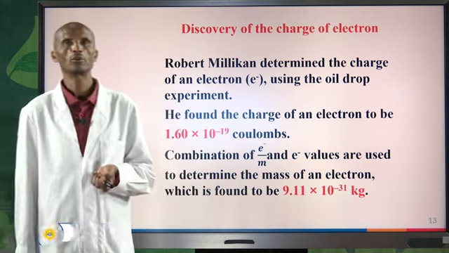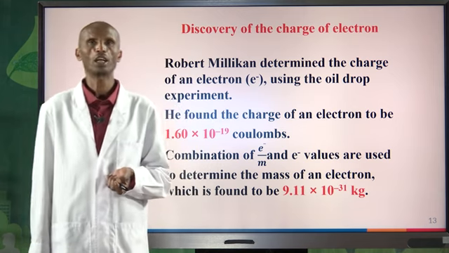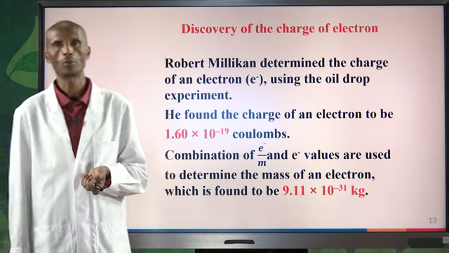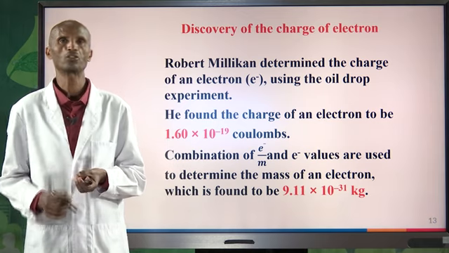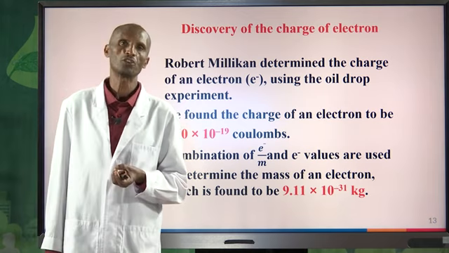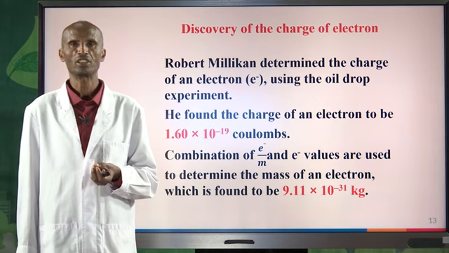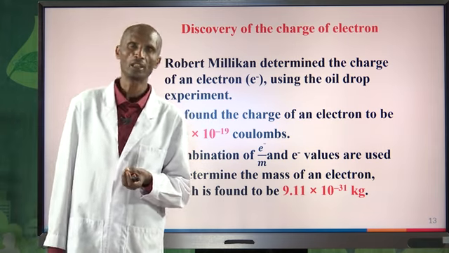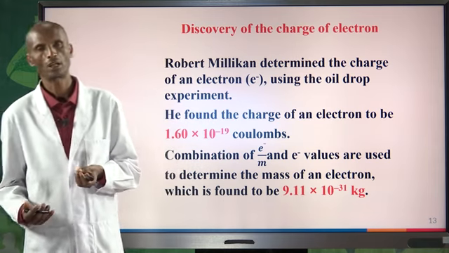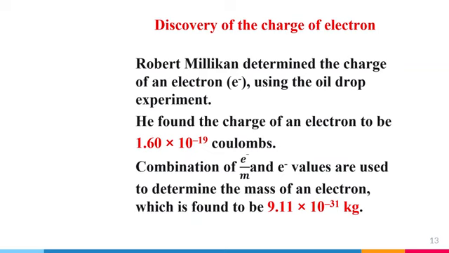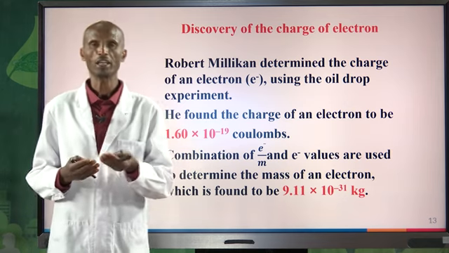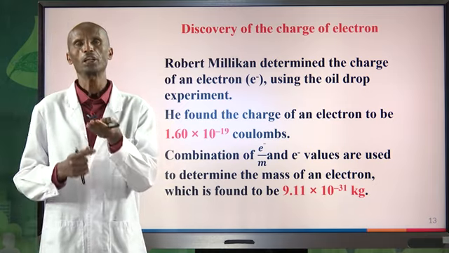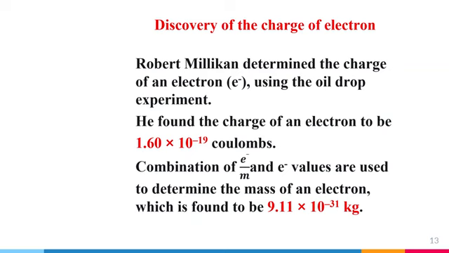Another scientist named Robert Millikan determined the charge of an electron using an oil drop experiment. By using this oil drop experiment, he found the charge of an electron to be 1.60 times 10 raised to minus 19 coulomb. He used an instrument called an atomizer. He sprayed the oil molecules into a tube which has a small hole.